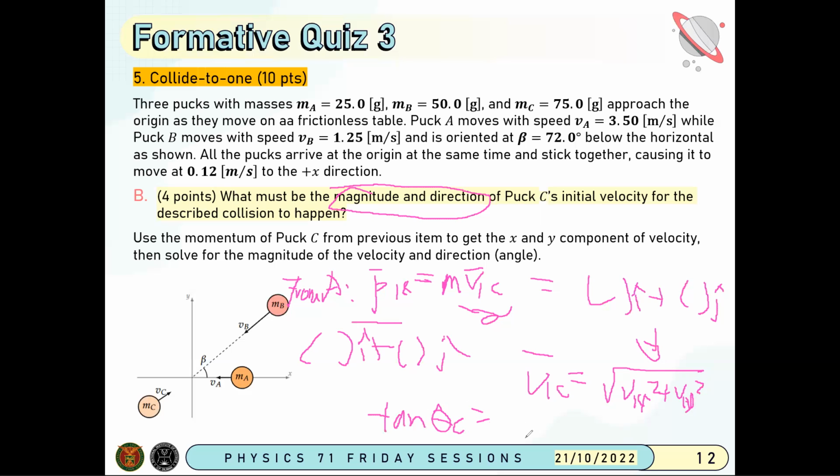Tangent theta C is V_Cy over V_Cx. Okay, so magnitude-bearing form yung kailangan dito. Kailangan nyo i-convert.